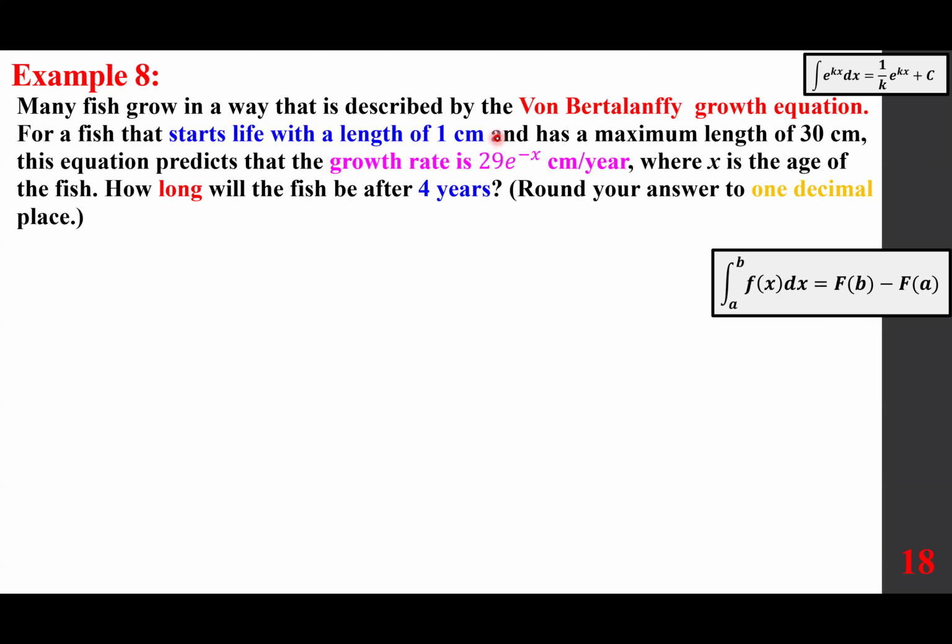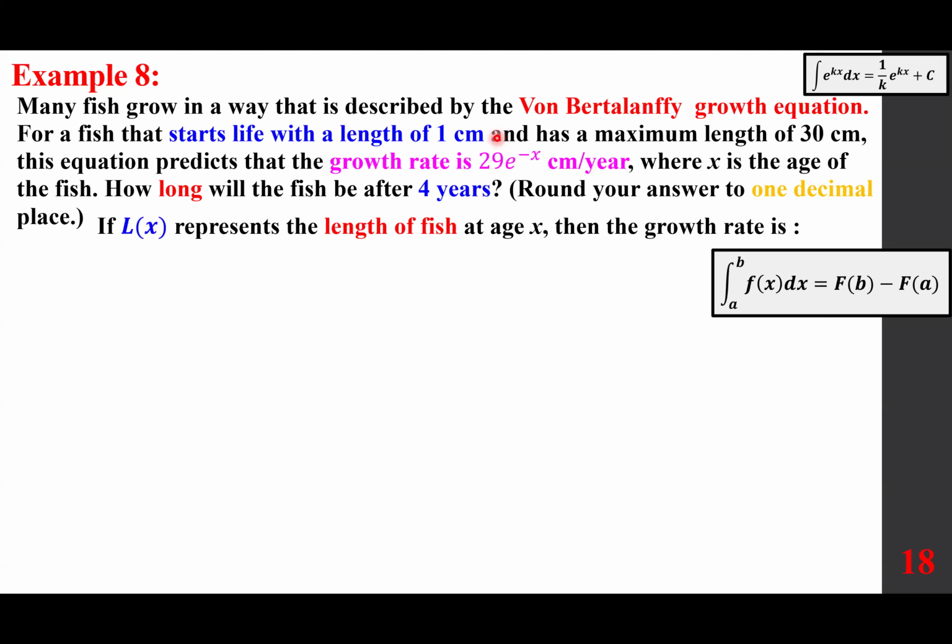So if L of x represents the length of the fish at age x, then the growth rate L prime, or dL/dx, must be this 29 e to the power minus x. And what is this one? The initial value, L of 0 equals 1 centimeter. So this is explaining the entire situation.